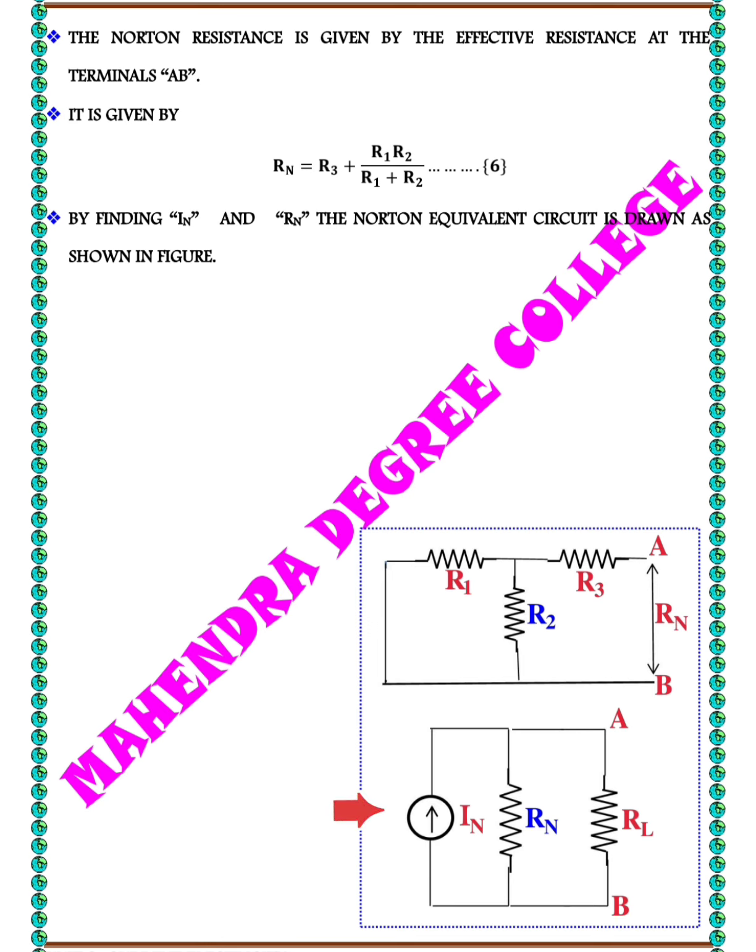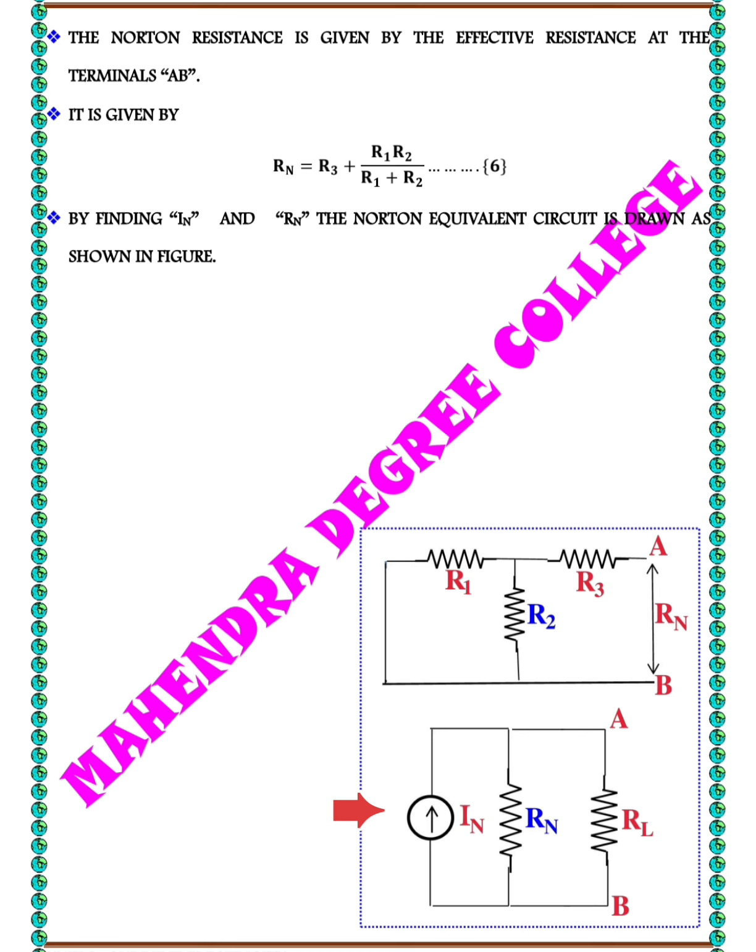The second image depicts a Norton's equivalent circuit, which is a simplified representation of a more complex circuit. It consists of a current source IN providing a constant current, and Norton's resistance Rn connected in parallel with the current source, representing the internal resistance of the original circuit.